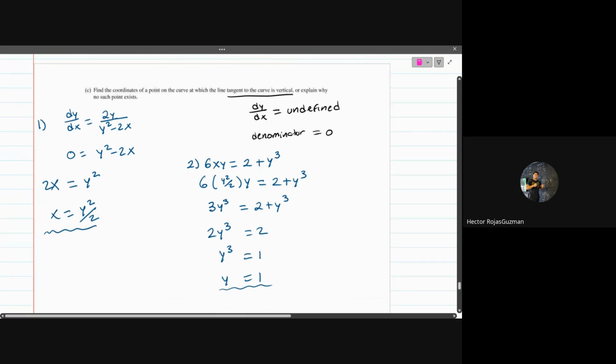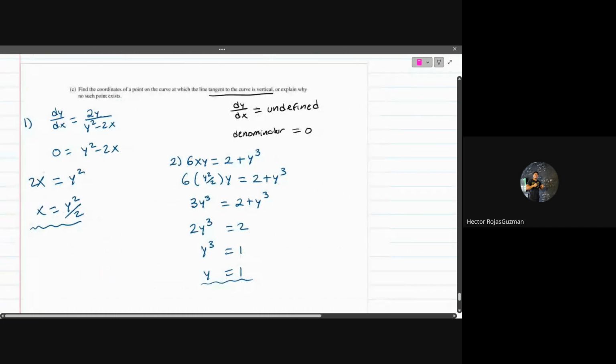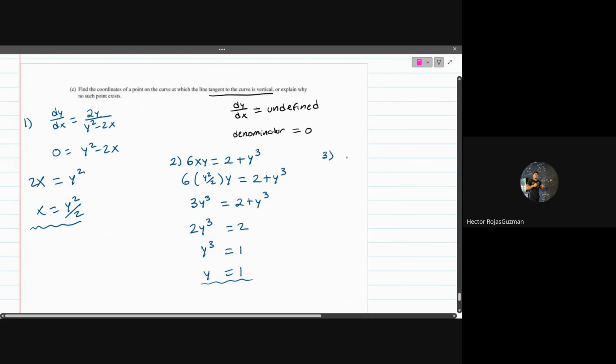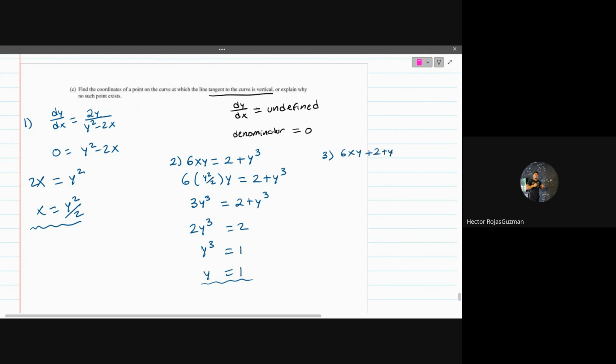But we have to find the coordinates of the whole point, right? So we still need x. From here, we can go back to the original function and plug in 1. So step number 3. 6xy equals 2 plus y to the power of 3. Plug in 1. 6x times 1 is equal to 2 plus 1 to the power of 3.